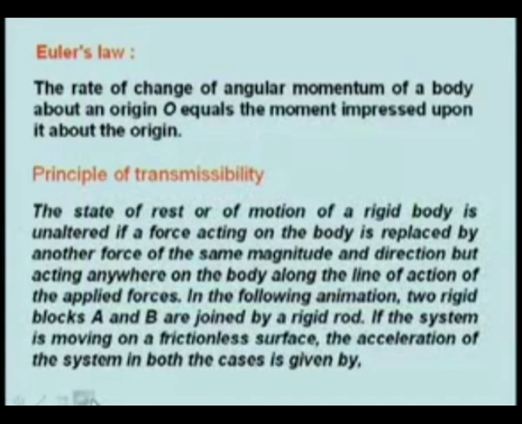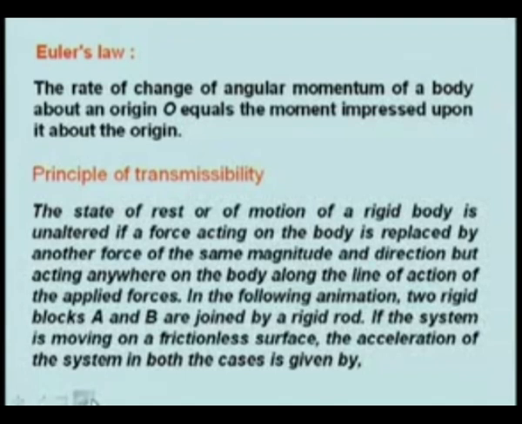Now, like we have Newton's law, which relates the force and acceleration, or maybe the linear change of linear momentum. We have Euler's law, which states the rate of change of angular momentum of a body about an origin O equals the moment impressed upon it about the origin.